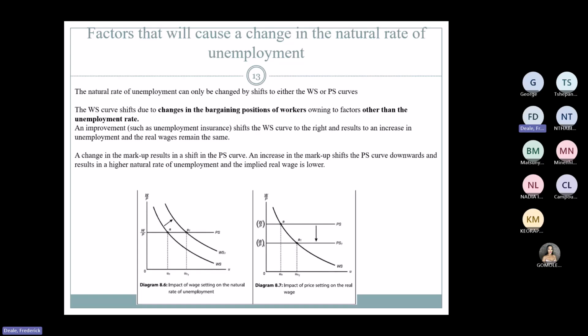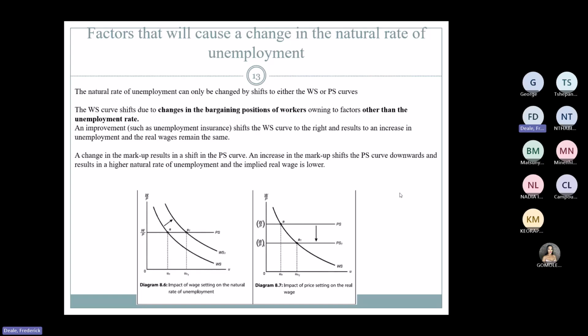So if you have a better bargaining position, the natural rate of unemployment will increase, but the real wage received stays the same. Then the other one is shown at the bottom right. A change in the markup results in a shift in the PS curve. An increase in the markup shifts the PS curve downwards, right? So if the firm wants to make more profit, all else being equal, you'll get a lower real wage.